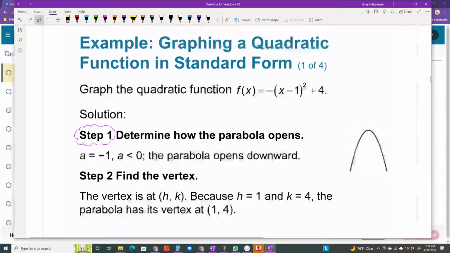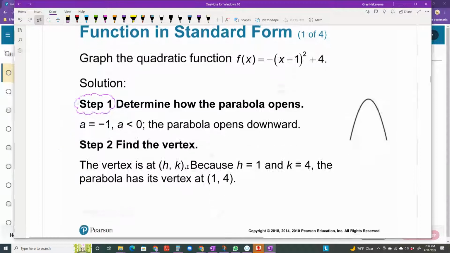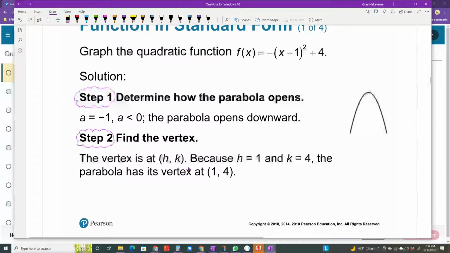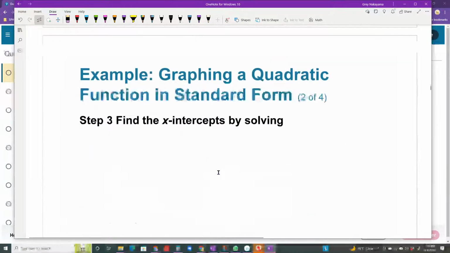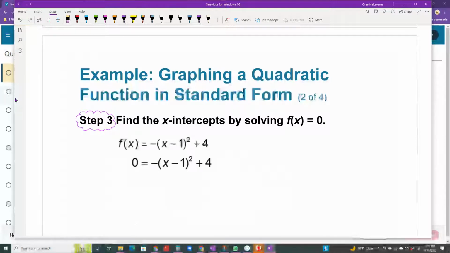The next step was to find the x-intercepts. Well, that was step 2, sorry. Okay, next, step 3, find the x-intercepts by solving f of x equals 0. Now, there's my equation, set it equal to 0. I'm moving the 4 over.